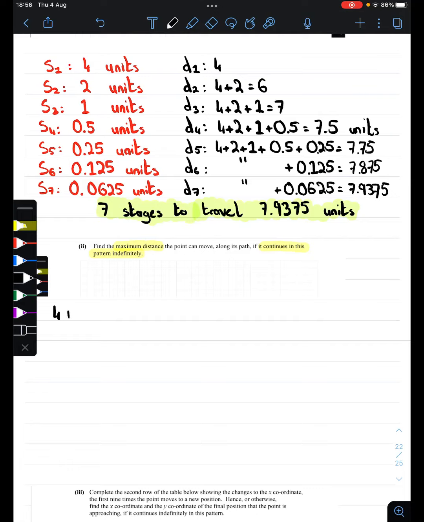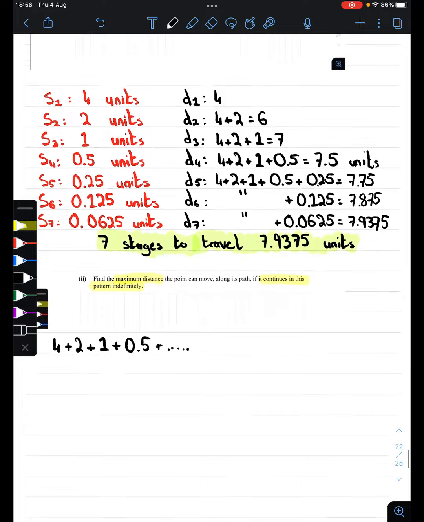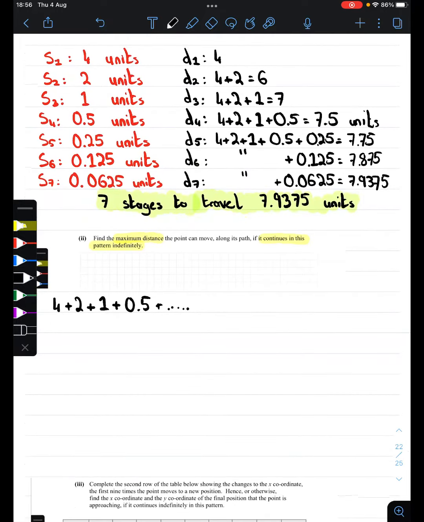So, let's look at this pattern here. We have 4 plus 2 plus 1 plus 0.5 plus on forever. And the size of these is decreasing by a half each time. So we could say that this is 4 plus 4 by a half plus 4 by a half squared, and so on and so forth.